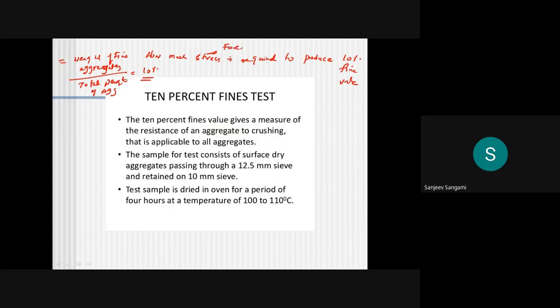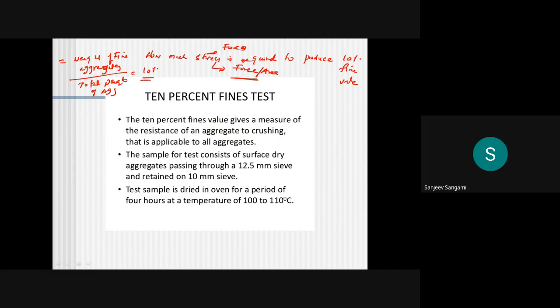Stress means force by area. So how much stress or force you are applying to a surface area of that aggregate, that is nothing but the 10% fine test.